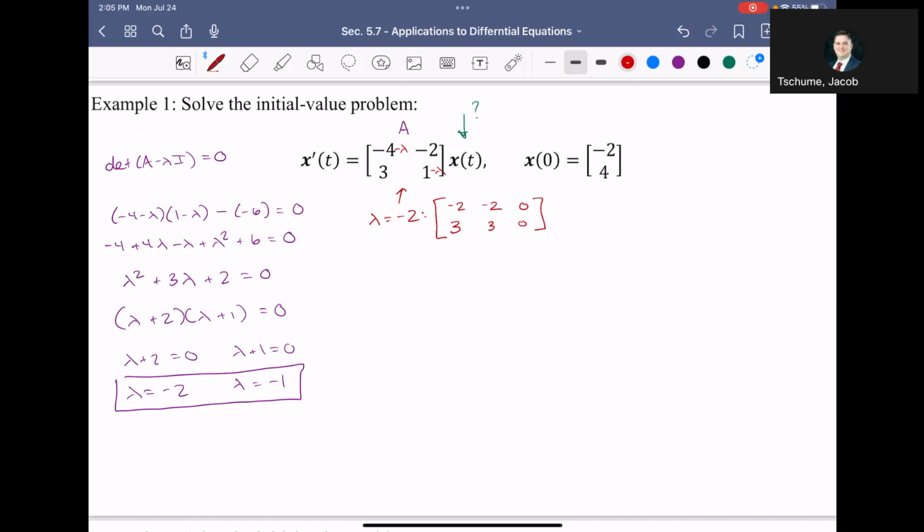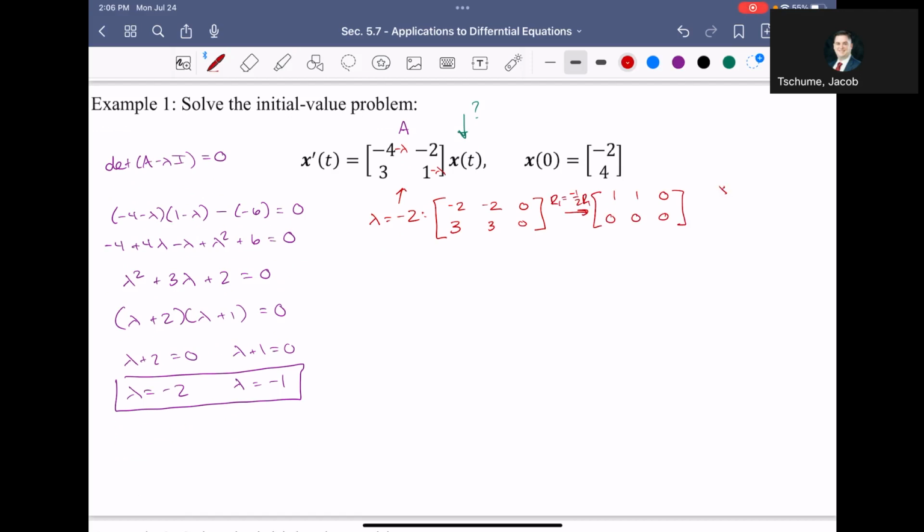Pretty easy to see here that row 1 and row 2 are multiples of each other. So I know immediately that the bottom row is going to go to all zeros. And while I'm here, I'm going to go ahead and take row 1 and multiply each entry by a -1/2 to make it 1, 1, 0.